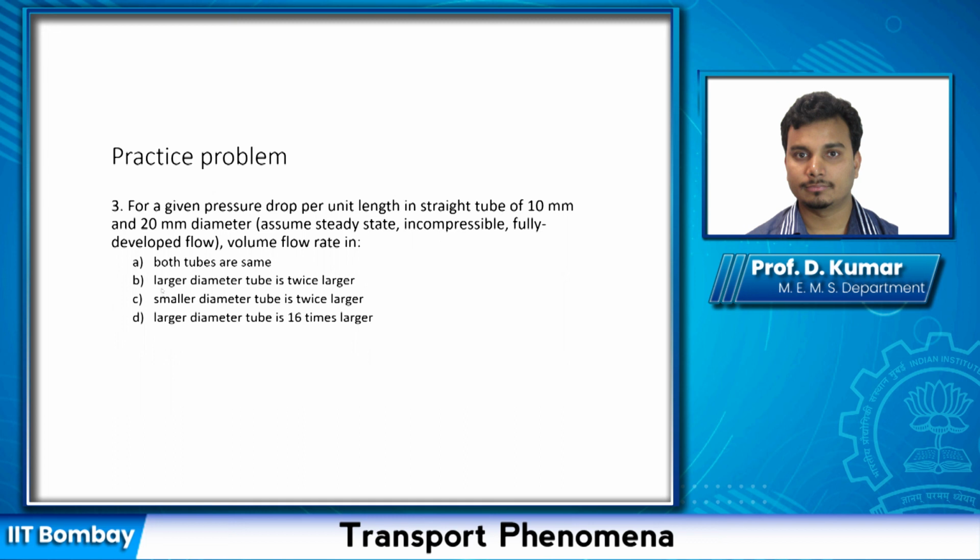Remember that. Should the larger diameter tube have twice the flow rate, or should the smaller diameter tube have higher flow rate, or should the large diameter tube have 16 times larger flow rate?